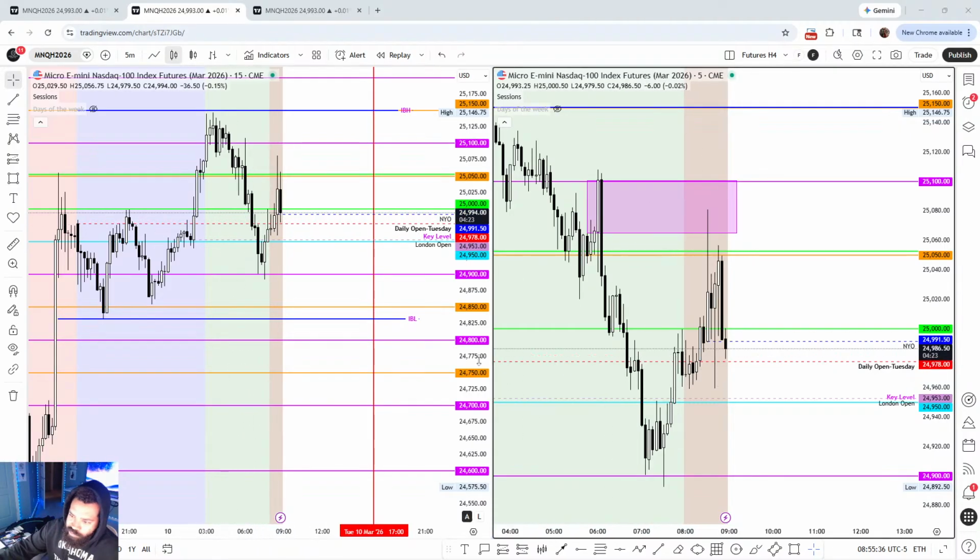And I am watching this daily open area because we still look kind of like we want to test and just roll up. So I'm going to be watching this area very tightly here.